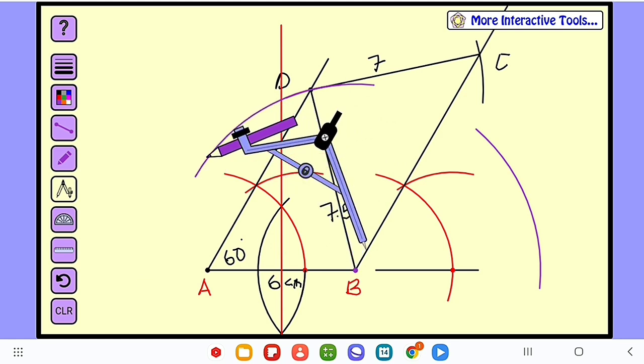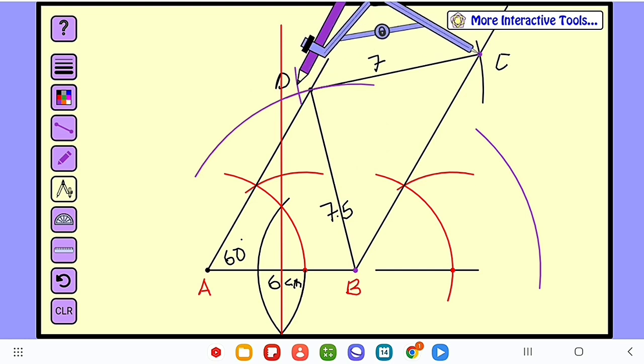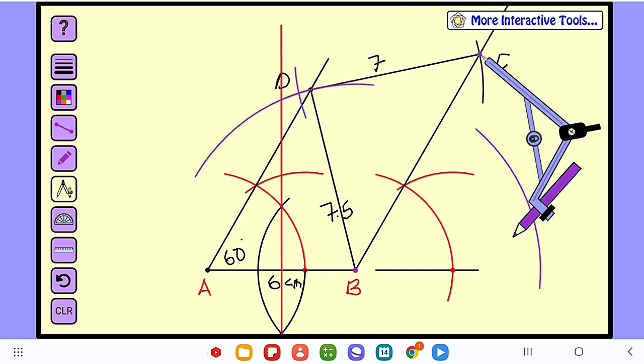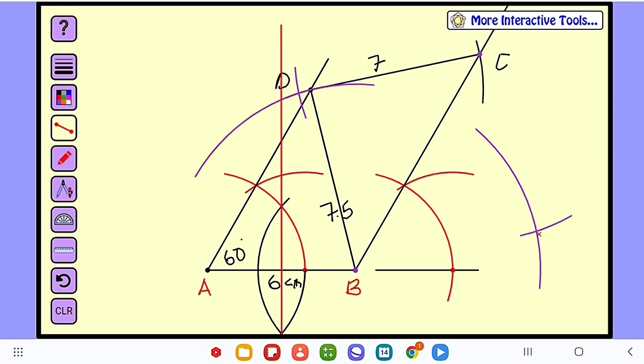Then take the pointer to point C, then cut the previous arcs. You see this one, then this other one, then connect the 2 points of intersections. So we can call this one L1 and call the other one L2.